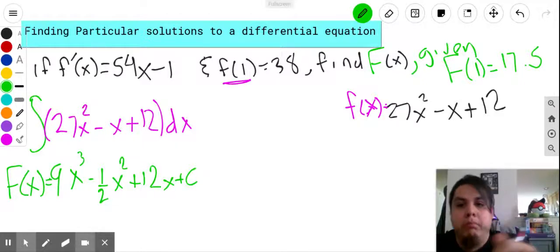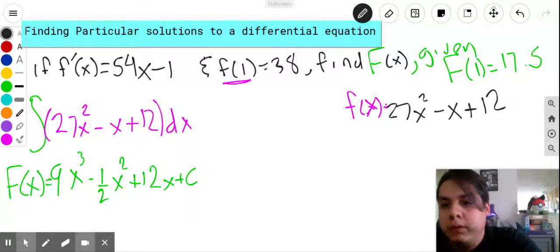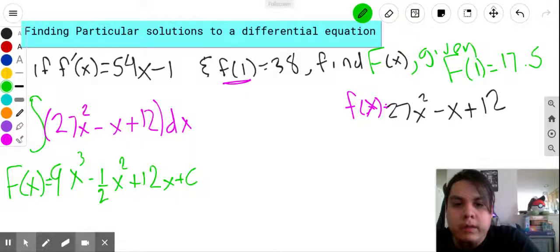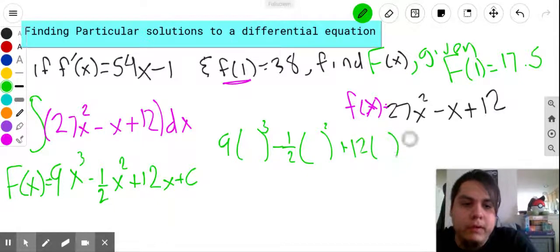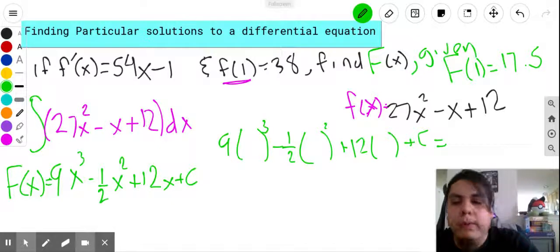So let's go ahead and do some replacements. I should have 9 times 1 cubed minus 1 half times 1 squared plus 12 times 1 plus c should equal, right?